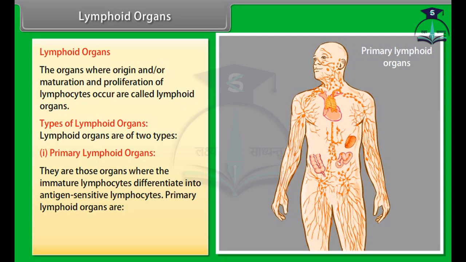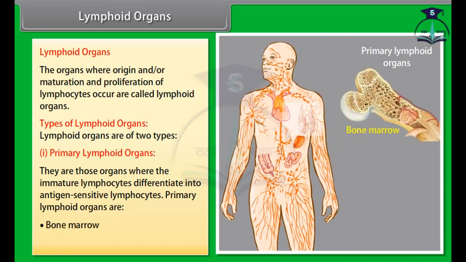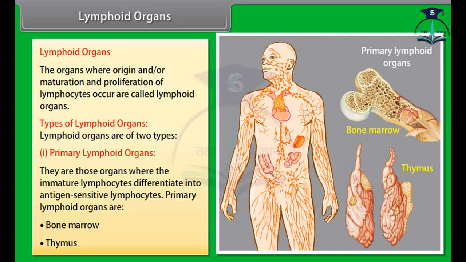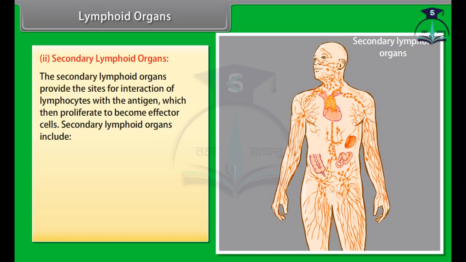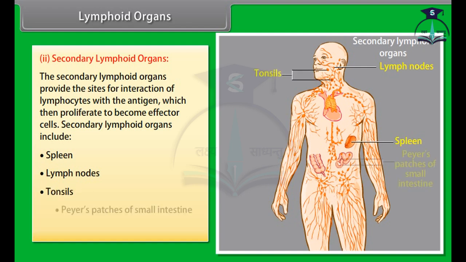Primary lymphoid organs are bone marrow and thymus. Secondary lymphoid organs provide the sites for interaction of lymphocytes with the antigen, which then proliferate to become effector cells. Secondary lymphoid organs include spleen, lymph nodes, tonsils, Peyer's patches of small intestine, and appendix.